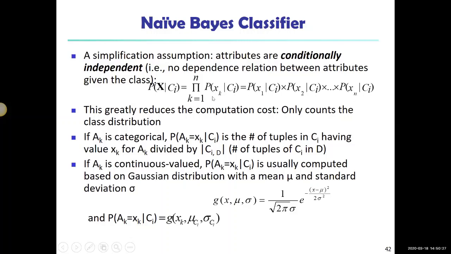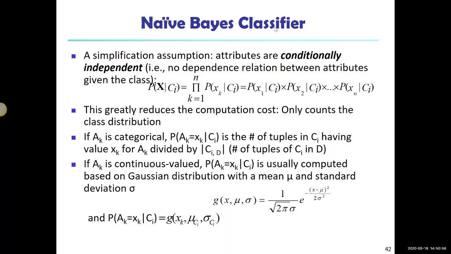So we only need to count class distribution. We only need to count for this class how many observations have this value for this attribute. That will give us the values for every factor that we have in this equation.